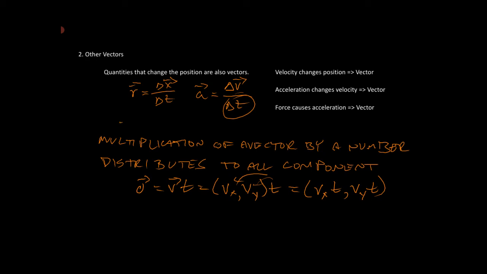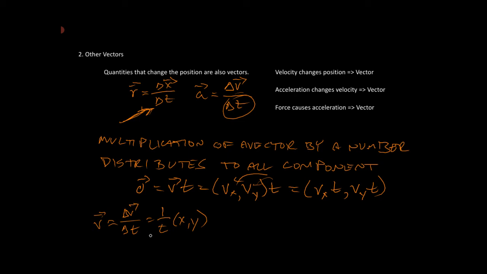But when we look up here, these definitions all have us dividing by time, not multiplying. So what's the trick for that? Well, if we have a velocity, that's delta x over delta t. So we've got this vector, let's just call it delta x, delta y, over delta t.